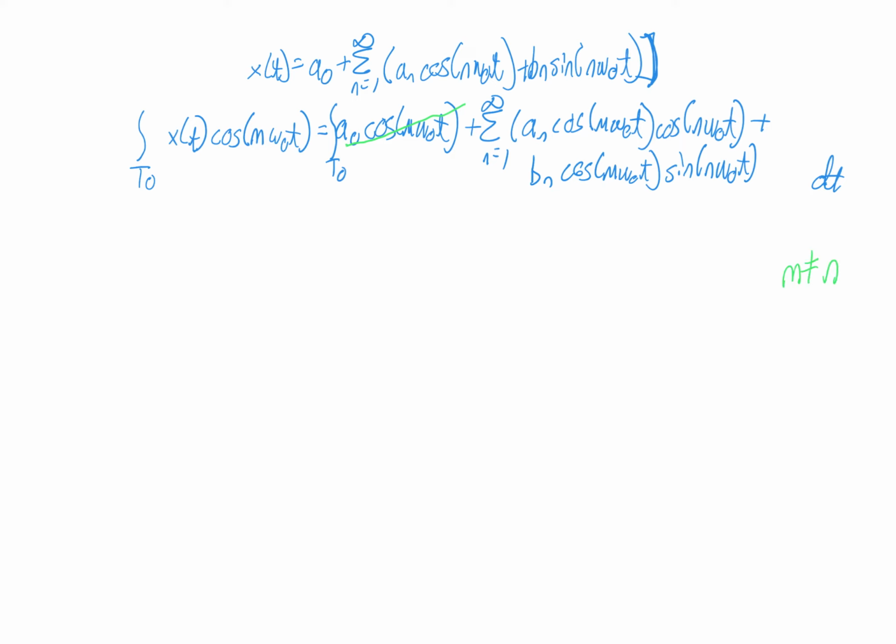In that case, we can use the integral identity number 3 or number 4, which says if I have sinusoids at different frequencies, and I multiply them together with any phase shift, the integral vanishes. Now, identities 3 and 4 are written as sine times sine or cosine times cosine, but they work for any phase shift.